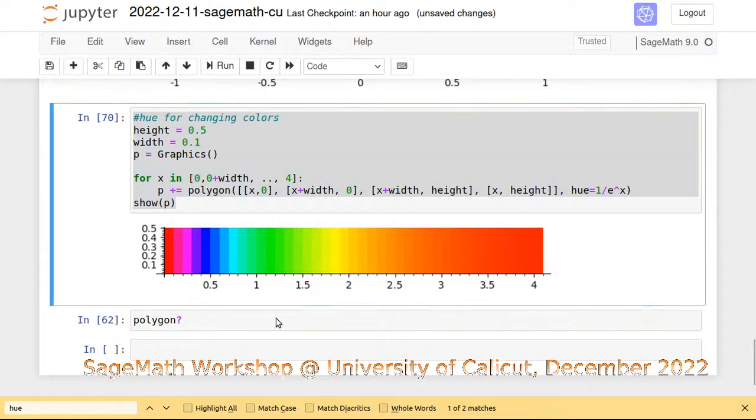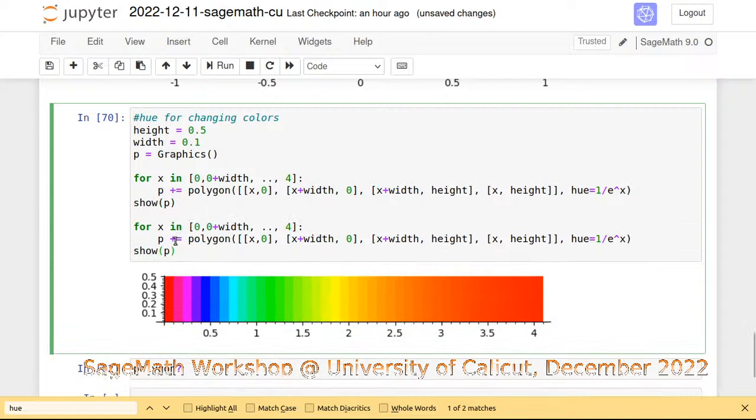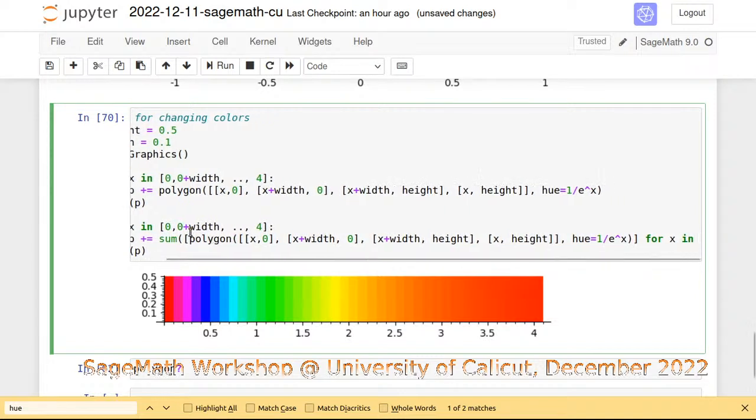And we can, in fact, instead of adding like this, do one more thing. So what is that one more thing? Instead of using this command structure, we can just use sum. So sum p equal to the sum of all the polygons, as a list of all the polygons for x in this range.